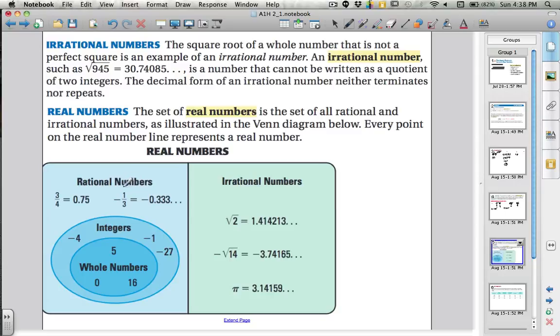Further in the rational numbers, we also have integers, right? Naturally, that makes sense. They must be there. If I can write rational numbers as the ratio of two integers, integers must be part of the real numbers. So integers are positive and negative integers, including the number 0. Then a subset of integers are whole numbers, which are just positive integers plus the number 0.